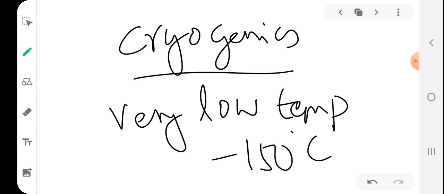Minus 150 degrees Celsius and the like won't be easily attained using our conventional refrigeration system. So the technique used to reach such temperatures is called cryogenics.